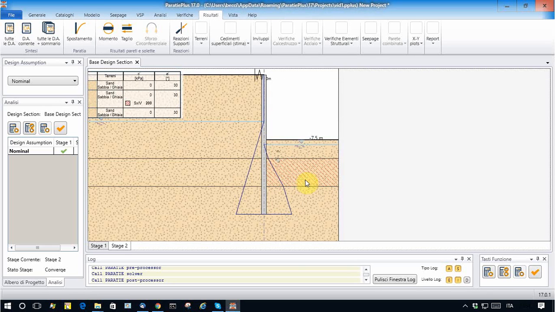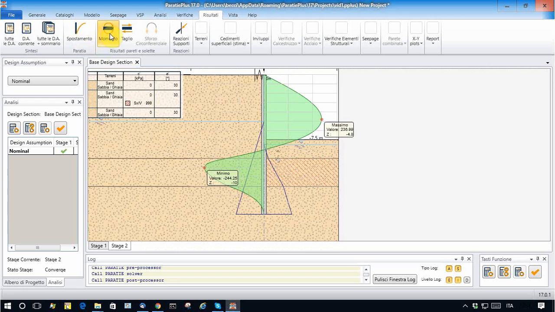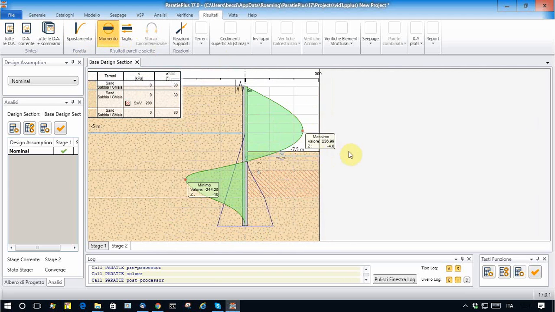But we should have an advantage, because the bending moment that was around 380 kilonewton meter per meter should be reduced a little bit. It is hugely reduced, because now the resisting effect, the strutting effect of this plug has also had a very beneficial effect on the wall.